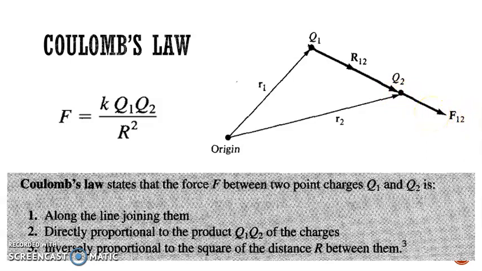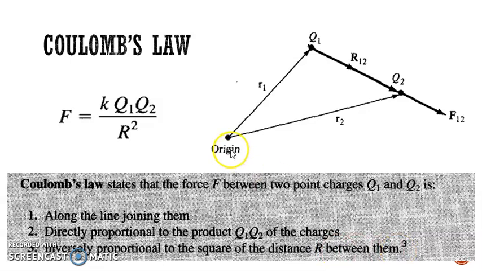Now what will be the magnitude of that force? The existing force between these two charges is directly proportional to the product of the charges Q1 and Q2, and it is inversely proportional to the square of the distance between these two point charges.